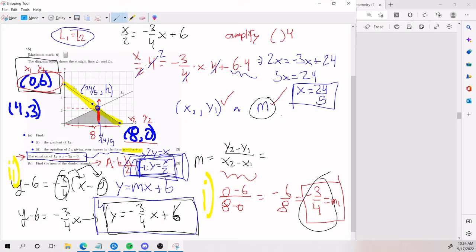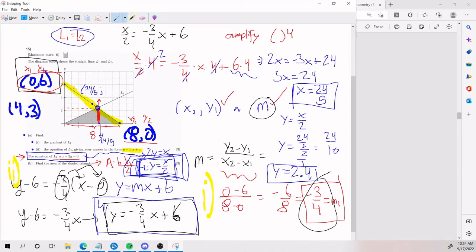We said that L2 was y equals x divided by 2. Y equals 24 over 5 divided by 2 over 1. This ends up being 24 divided by 10. You can do all of this in your calculator anyway, but at the end of the day, it's 2.4. See? So your y is 2.4.